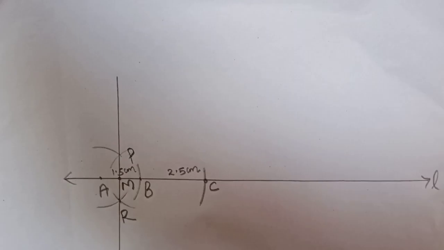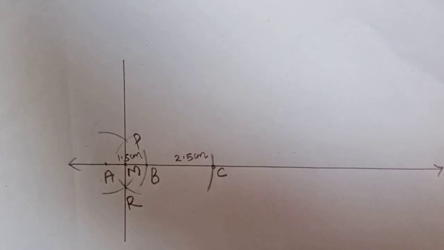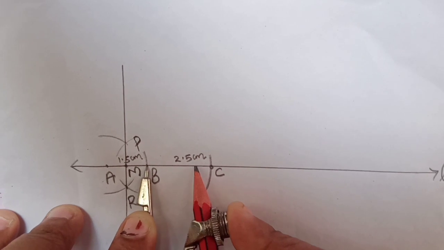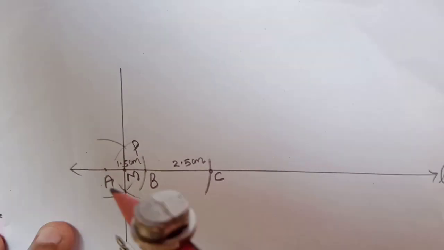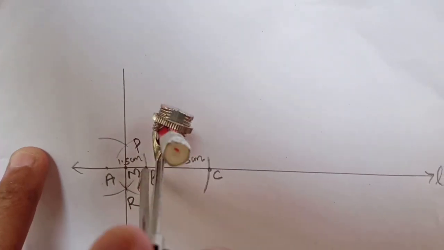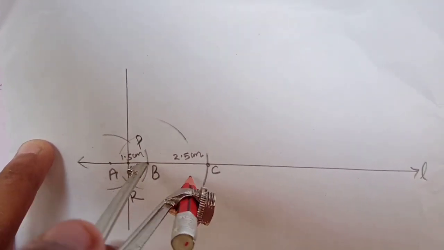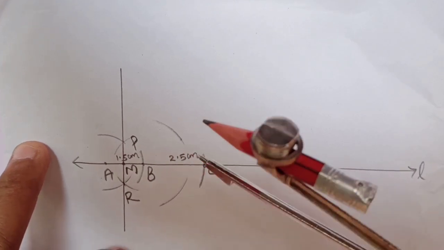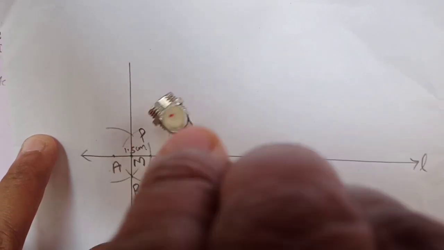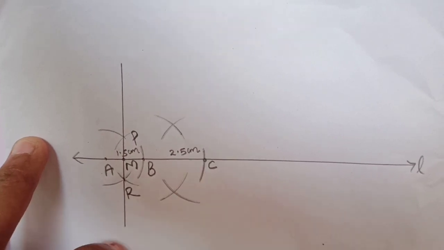Next, you have to bisect BC. So take more than half of the length of BC. Using your compass with B as center, draw two arcs above and below of line BC. Then again using the same radius with C as center, draw two more arcs that intersect the previous arcs.